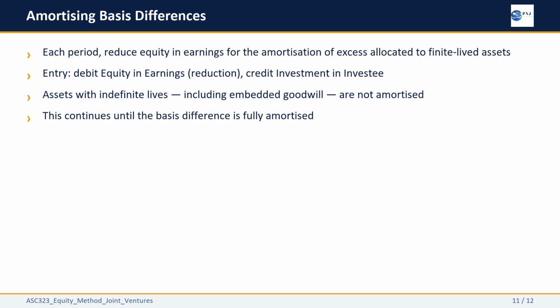Assets with indefinite useful lives are not amortized. They are subject to impairment testing instead. Embedded goodwill falls into this category. The amortization of basis differences means your equity in earnings may be lower than your raw ownership percentage times investee net income, and that difference matters for financial analysis.